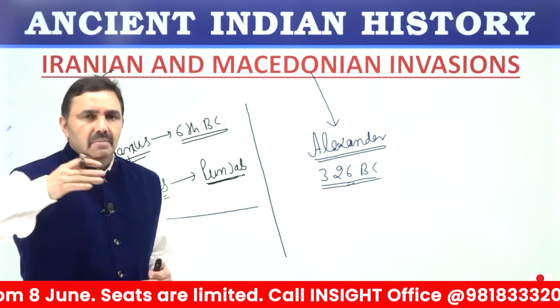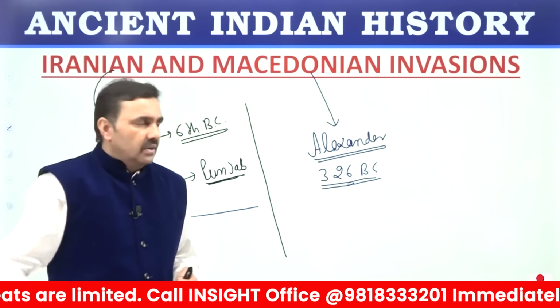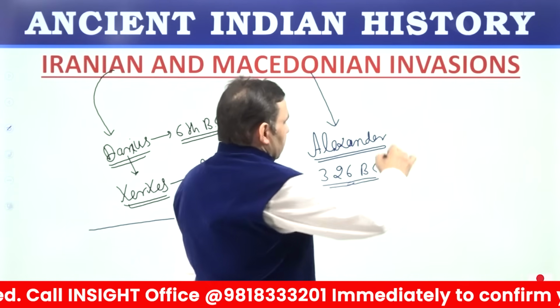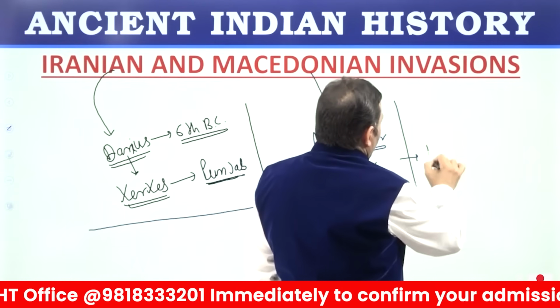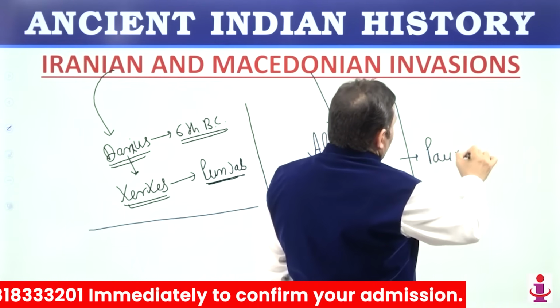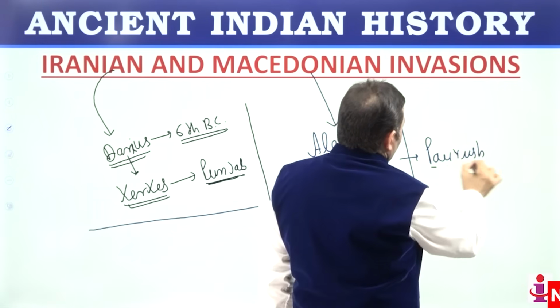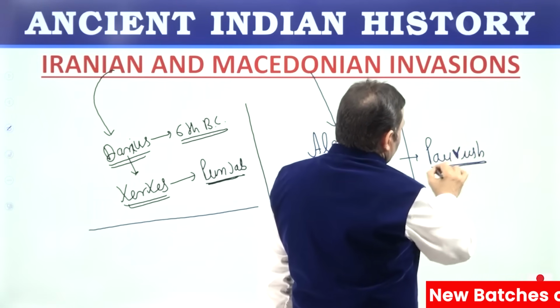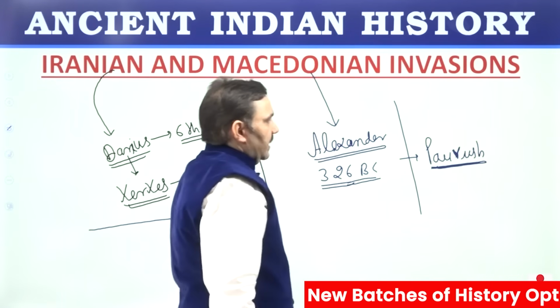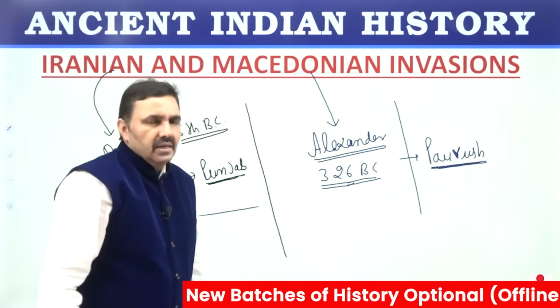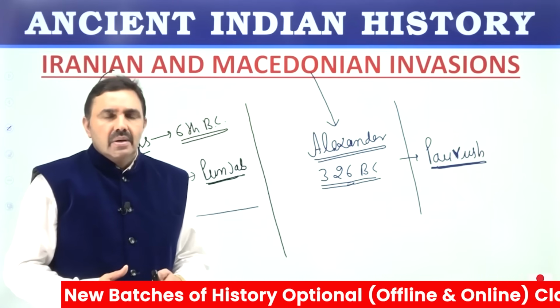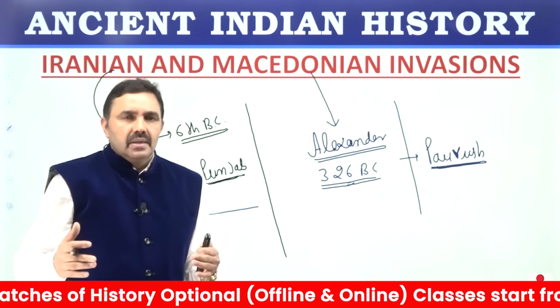He was just in the bordering areas of Punjab, where he had a fight with the famous king Porus. Porus fought strongly with him. He was captured and carried to Alexander, and then Alexander asked him how he should be treated.